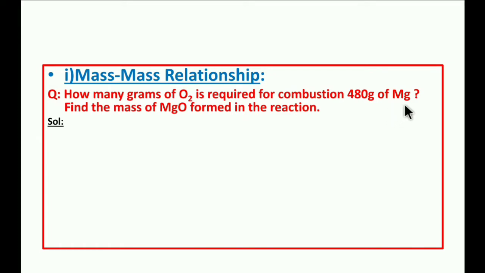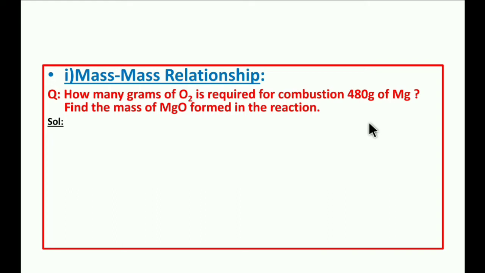Magnesium is burning in the presence of oxygen, giving magnesium oxide. For combustion of 480 grams of magnesium, how much oxygen is required, and when you burn this 480 grams of magnesium, how much mass of magnesium oxide is formed? That means we have to find two answers from this equation.